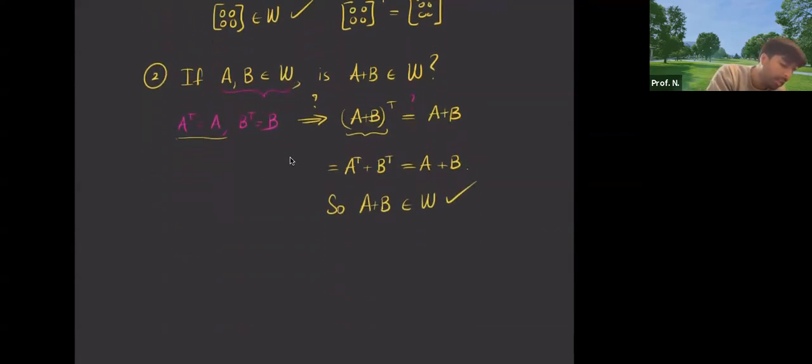And then what's the last thing? If A is in W and C is a scalar, is C times A also in W?